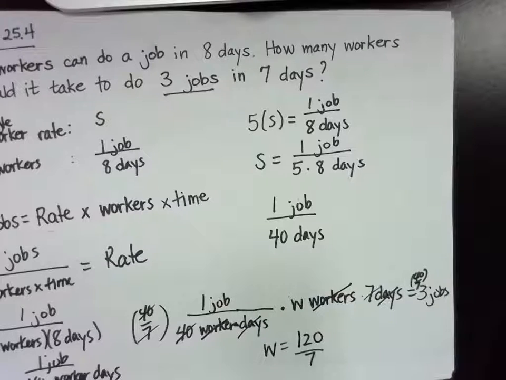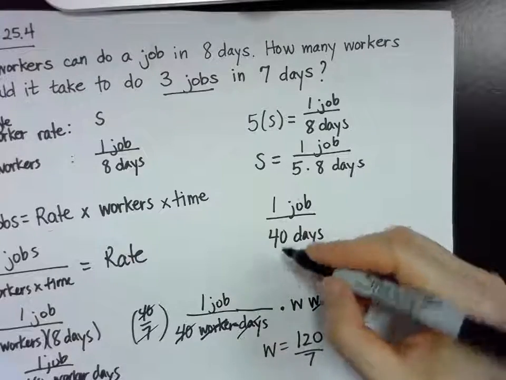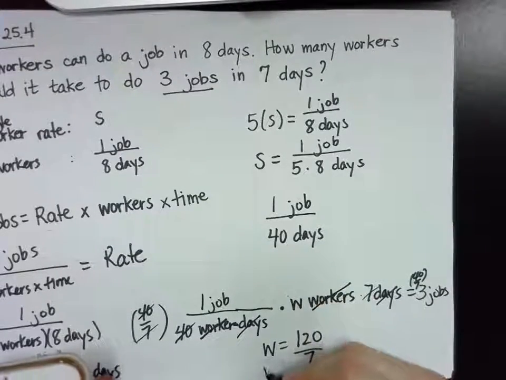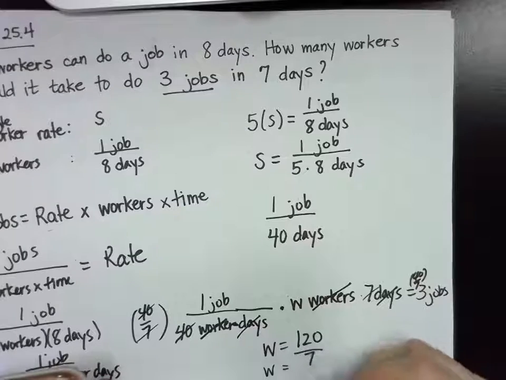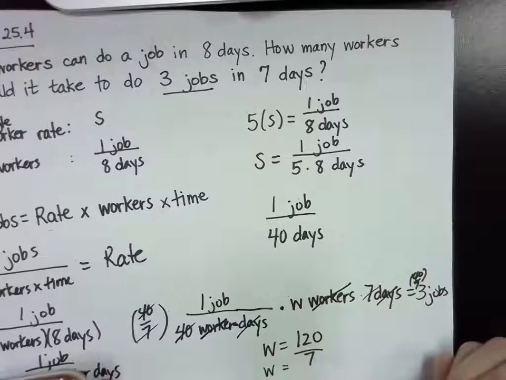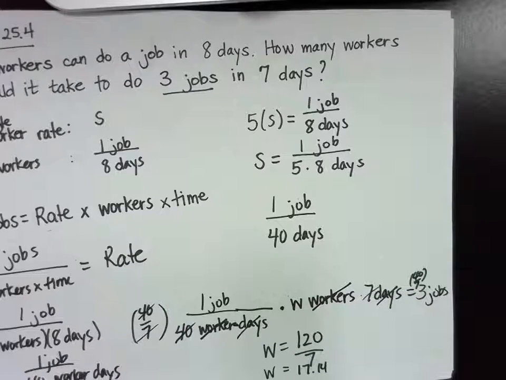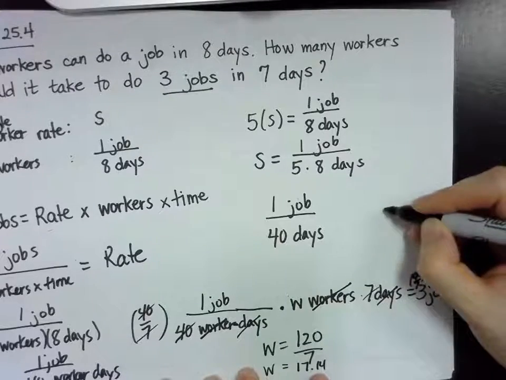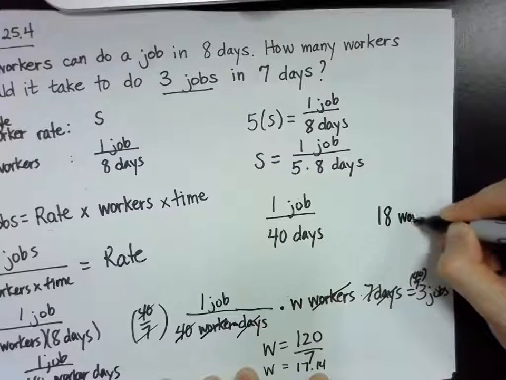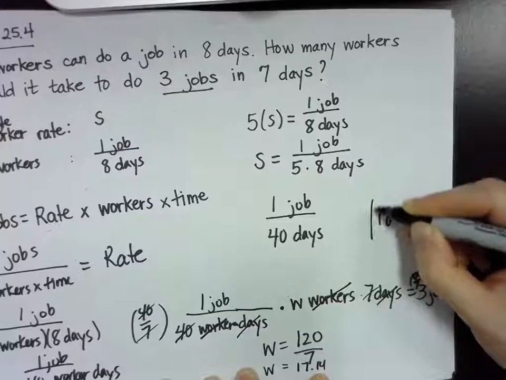Alright, and let's figure out what that is. 120 divided by 7. Okay, so the number of workers that we need is about 17.14 and so on. I guess we can't really have a fraction of a worker, so in this case I would probably answer 18 workers.